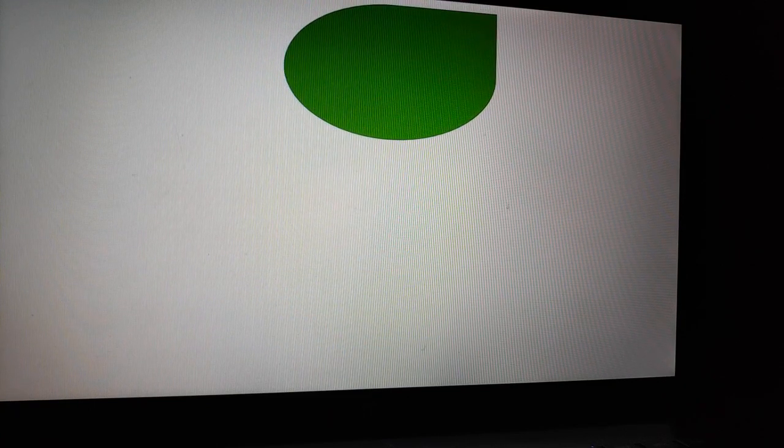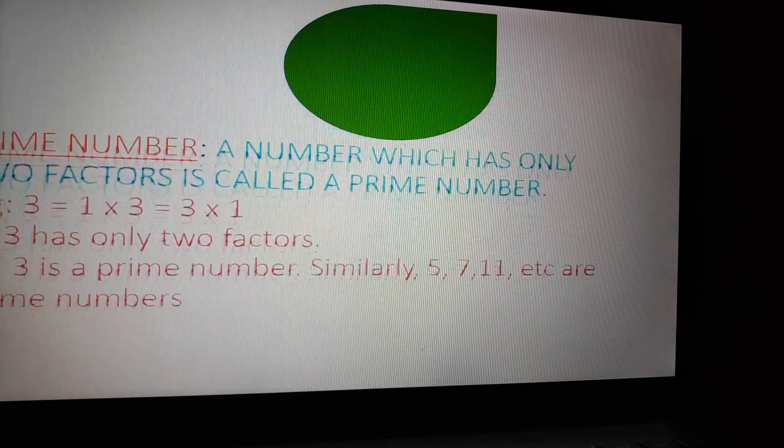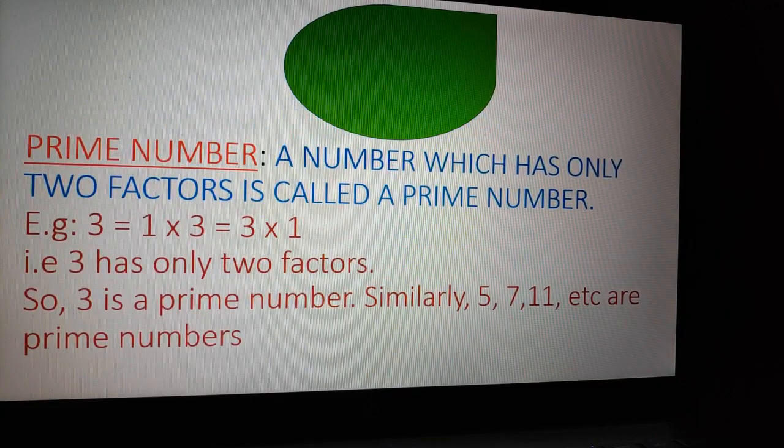First of all, let us discuss a prime number. All of you learned in lower classes that a prime number is a number which has only 2 factors, 1 and the number itself. For example, 3 can be written as 1 multiplied by 3. The factorized form of 3 is 1 into 3 or 3 into 1.